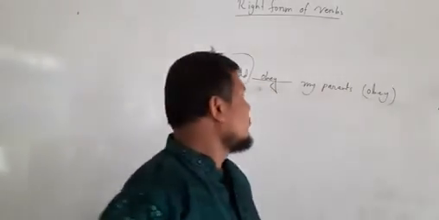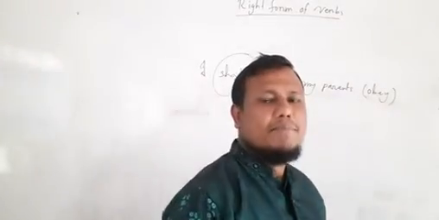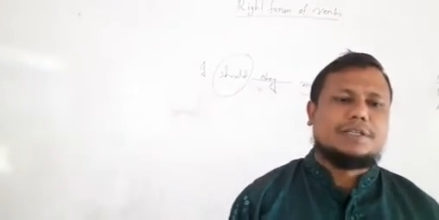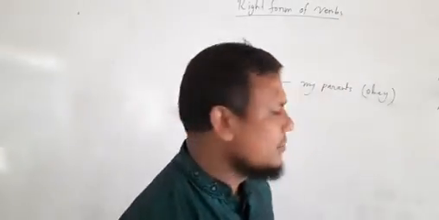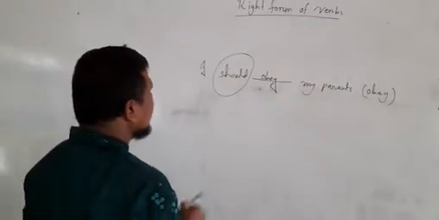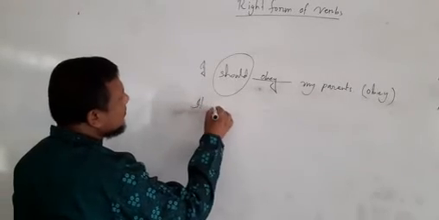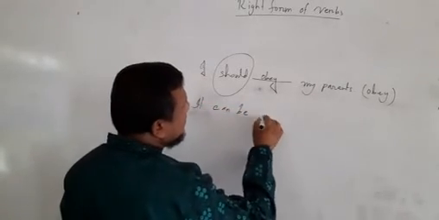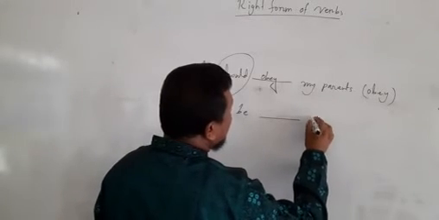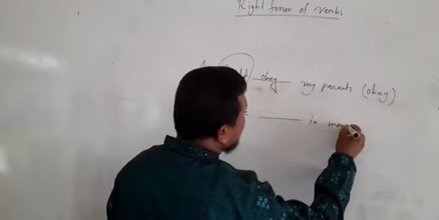But in case of a modal verb followed by be or have, the verb will turn into past participle. For example, it can be in many ways.